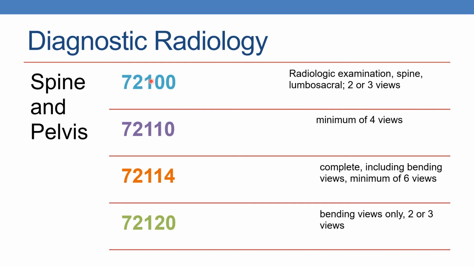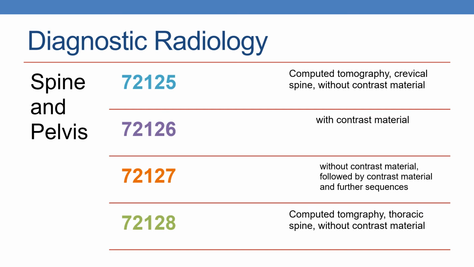The next CPT is 72100, which is radiological examination lumbosacral 2 or 3 views. 72110 is radiological examination spine lumbosacral minimum of 4 views. 72114 indicates radiological examination spine lumbosacral complete including bending views minimum of 6 views. The next is 72120, radiological examination spine lumbosacral bending views only 2 or 3 views.